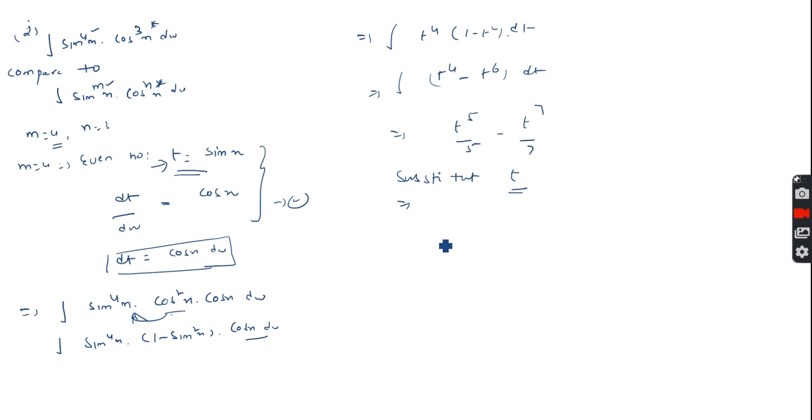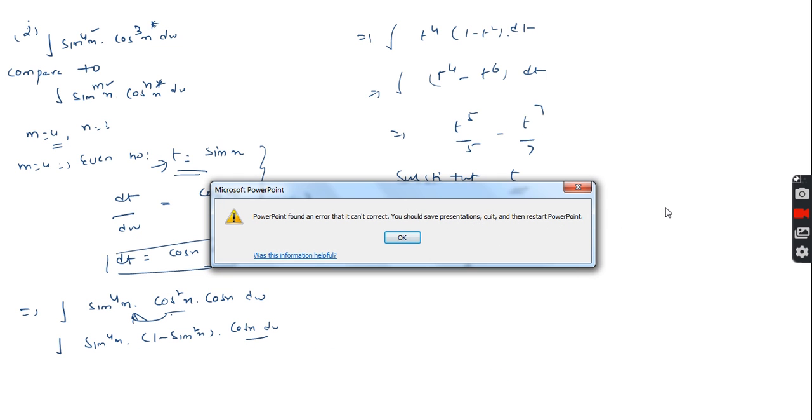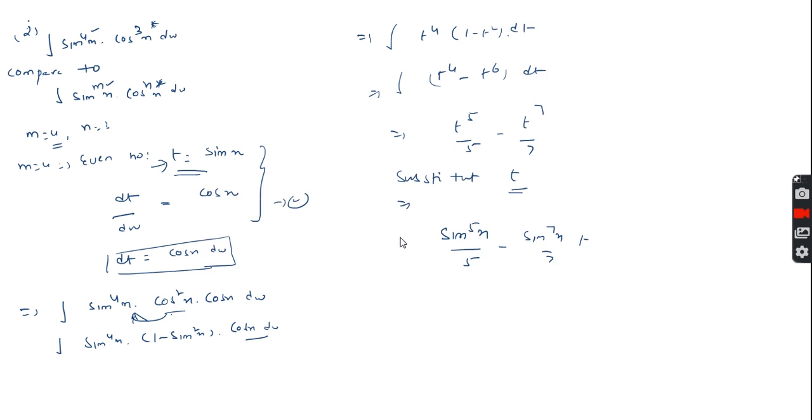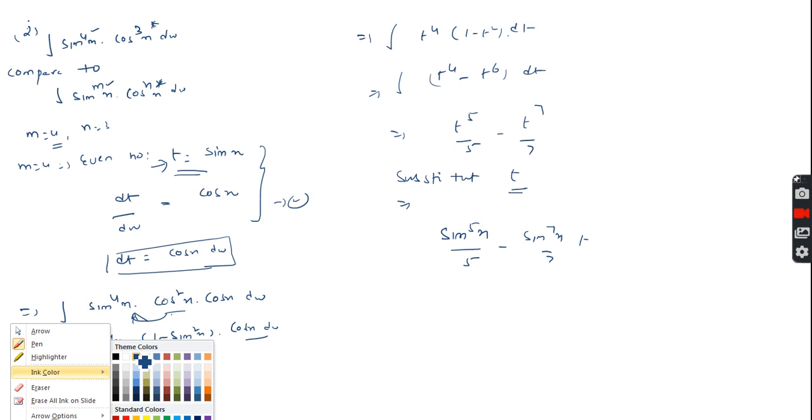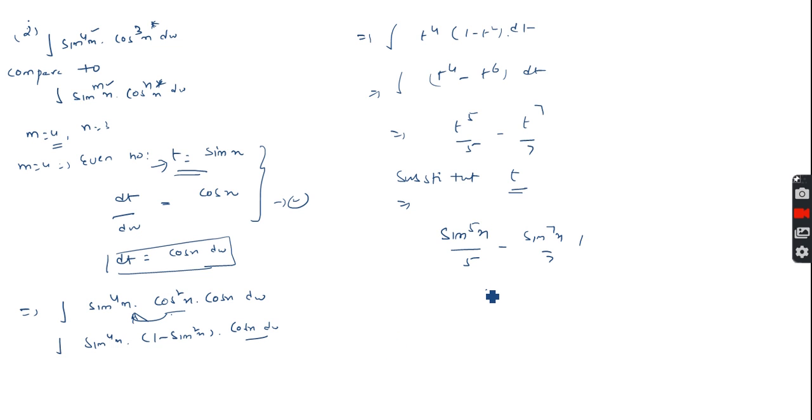What is the t? t is sin x, so we get sin power 5 x by 5 minus sin power 7 x by 7 plus c.